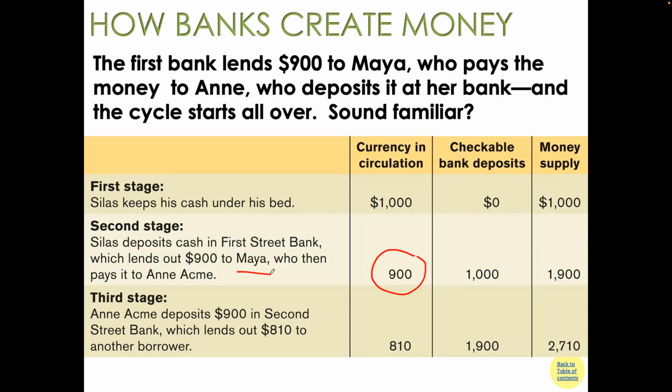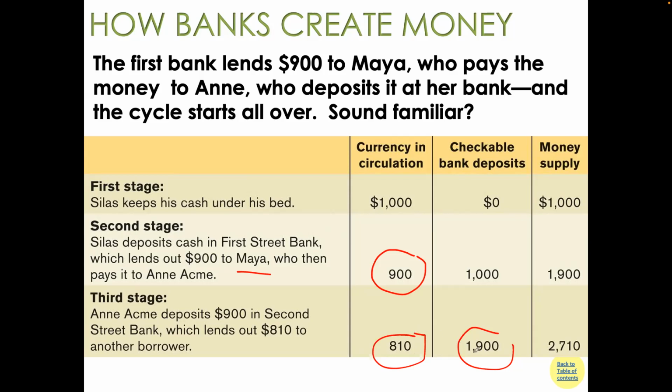Does that make sense? There's no reason she's going to keep that as cash. So she's going to do something similar to Silas. Now go to the third stage. She's going to pay whatever she needs to pay, and then the bank with 900 is going to lend out 810.